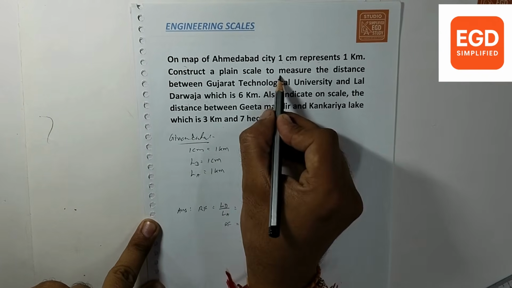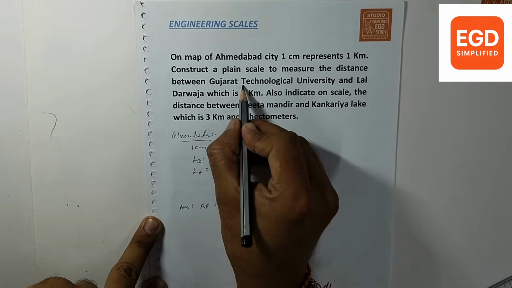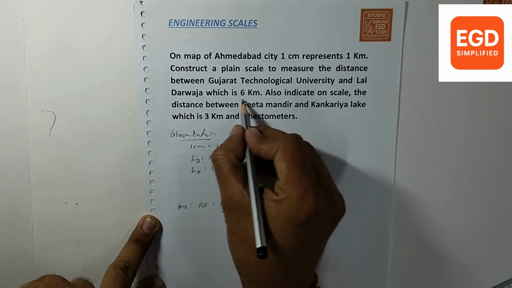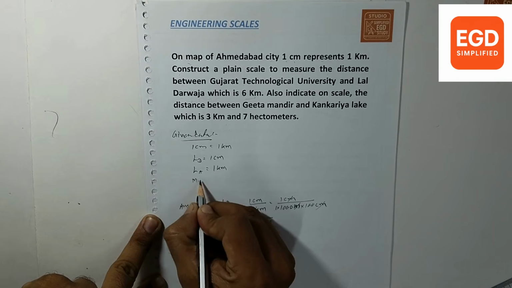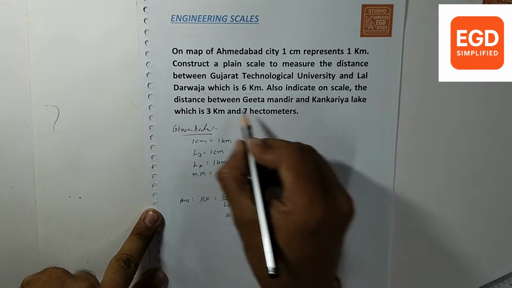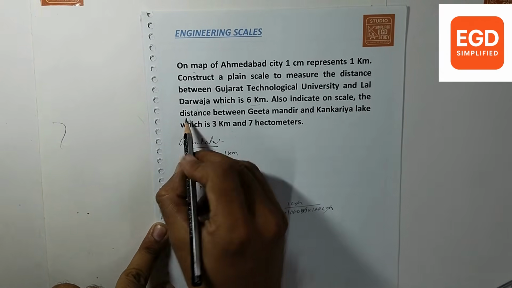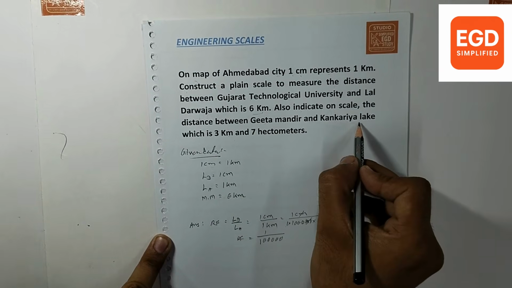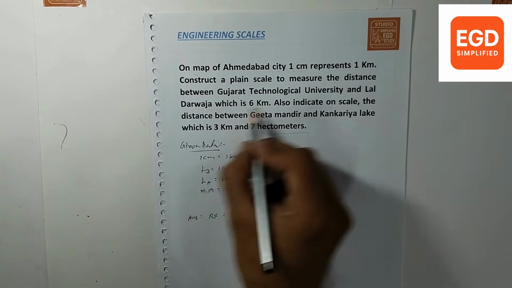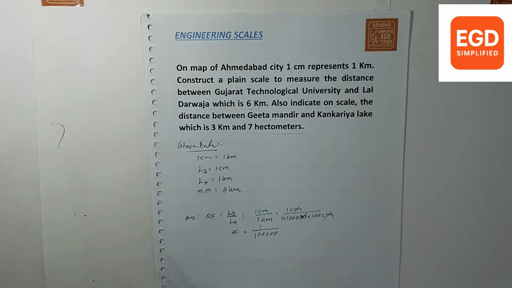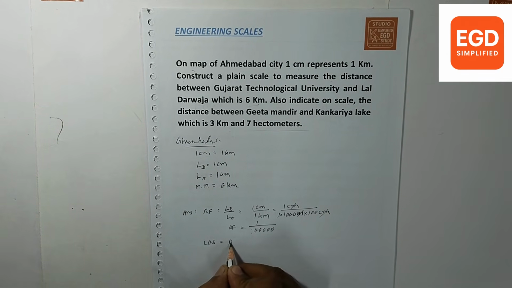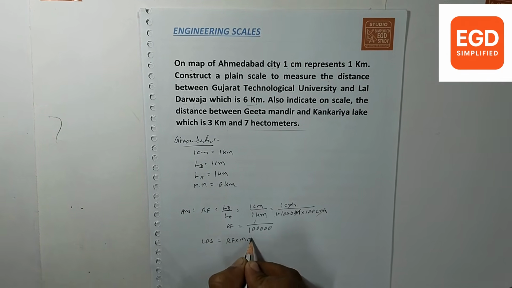Construct a plain scale to measure the distance between GTU and Lal Darwaja, which is 6 kilometers. Means maximum measurement is given, that is equal to 6 kilometers. Also indicate on the scale the distance between Gita Mandir and Kankaria Lake, which is 3 kilometers and 7 hectometers. So we can calculate length of scale, which is equal to RF into maximum measurement.